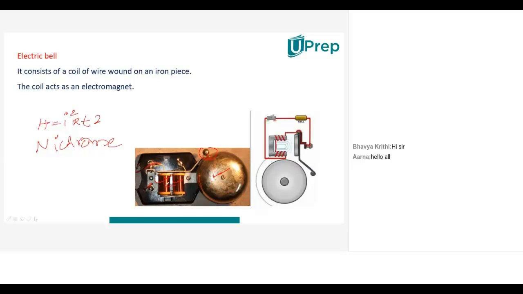When it behaves like a magnet, it will definitely attract magnetic materials. One magnetic material is placed close to it, and that magnetic material will be attracted by this. When the magnetic material is attracted, it comes and hits this. And when it hits this, it will produce the sound. So in this way, the electrical bell will work. Is it clear or not? Yes, sir.